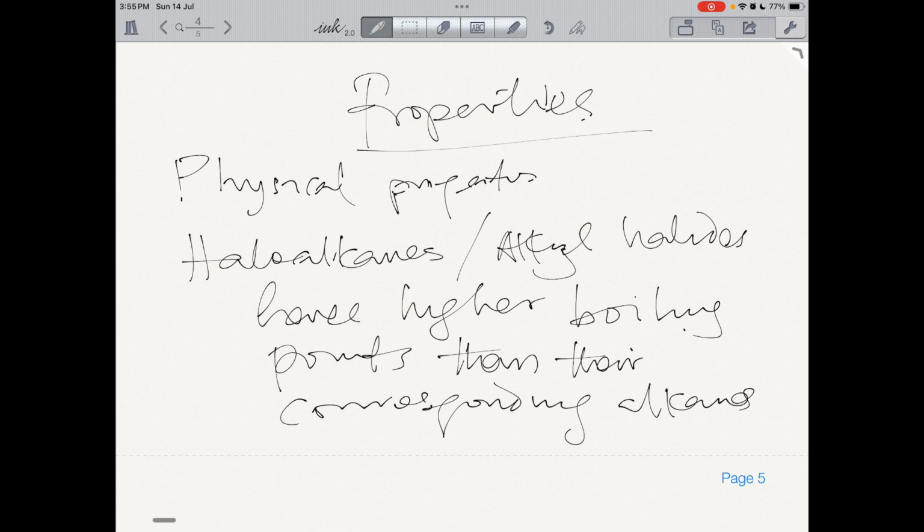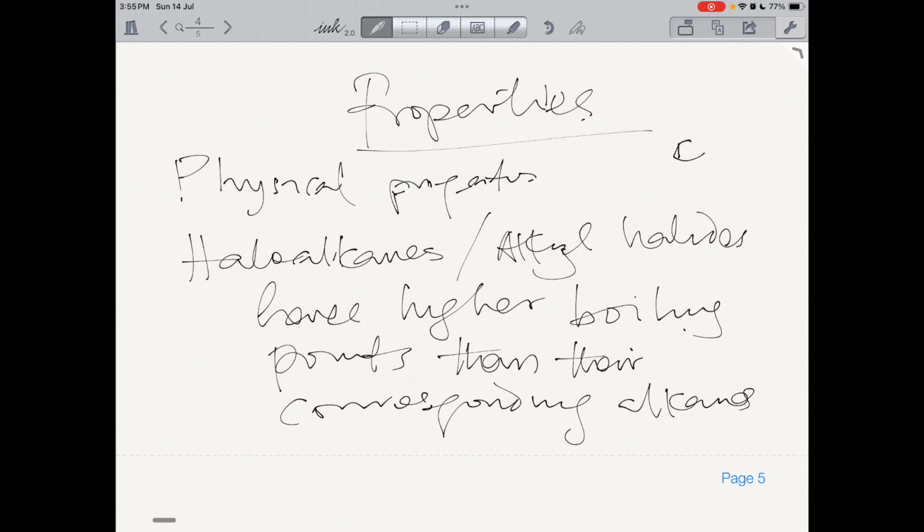It means that if you have an alkane and a haloalkane of almost equal molecular masses, the alkyl halide will have a higher boiling point. Why? Because of the dipole moment in the haloalkane.